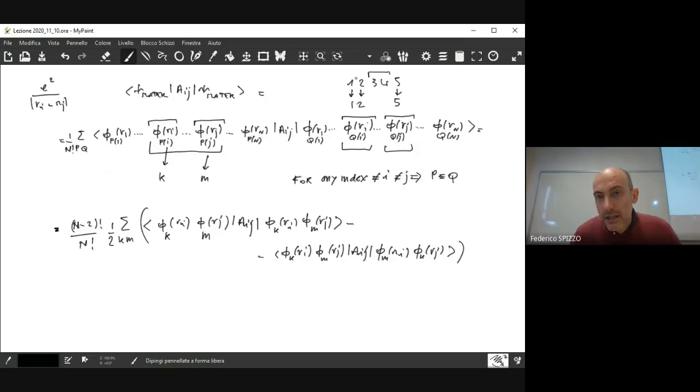In this case, all the other values are fixed because the permutations are fixed by the fact that we need to require that this scalar product is different from 0, then the only two values that are not involved by the permutation are I and j. So due to that, just two values are left for the choice of the final value of the effect of the permutation. So that's why I use the same values for k and m, both here for p and here for q.